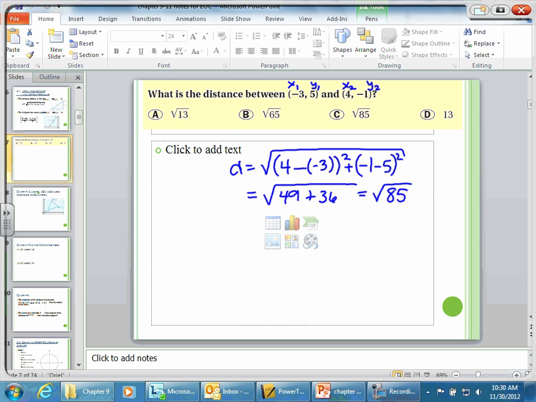And can I reduce 85? Do any perfect squares go into 85? So 4 doesn't, 9 doesn't, 16 doesn't, this 25, nope. So keep looking through. None of those are going to go into it. So you can leave it the square root of 85.